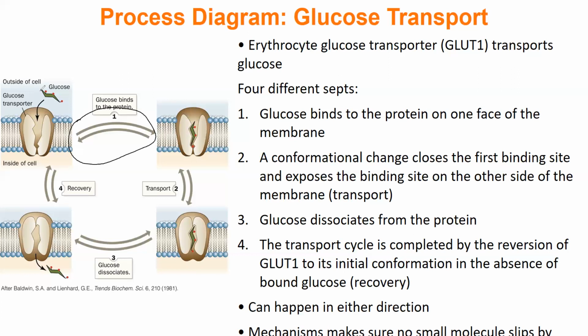So by having GLUT open and closed, we are making sure nothing slips by, and we are only transporting glucose. So those are the 4 steps of GLUT. Glucose binds, change conformation, glucose dissociates, go back to the original conformation.